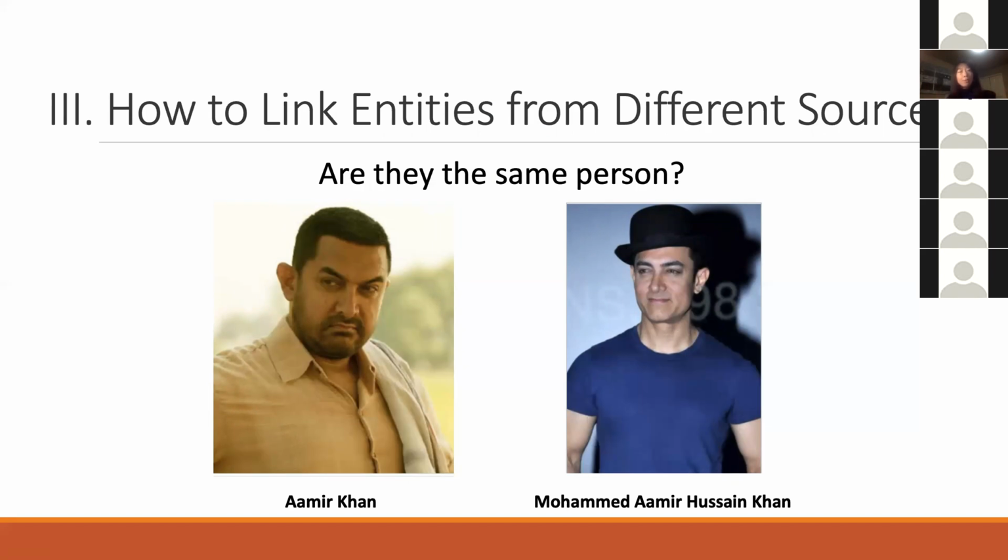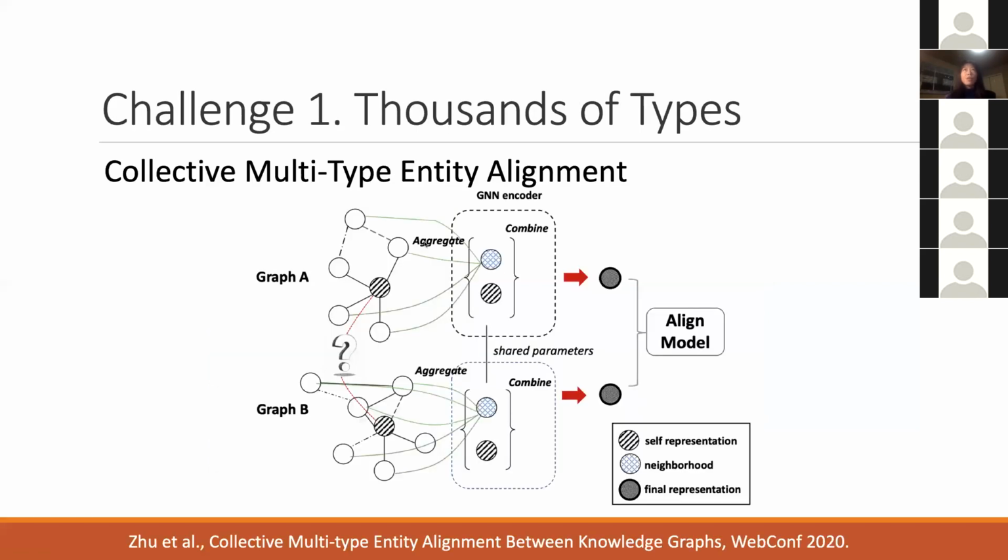But when we come to web extraction, we have two challenges. The first challenge is we could have thousands of different types. And how can we train models for different types of entities, movies, songs, and TV shows, and Broadway shows, etc.? How can we link them?